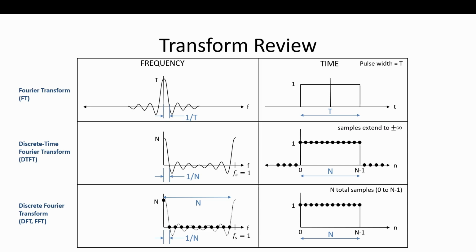And now it becomes discrete in frequency. We had something that was continuous in frequency as long as we kept going in the time domain. Here we stop in the time domain, it becomes discrete. So you have the discrete samples.